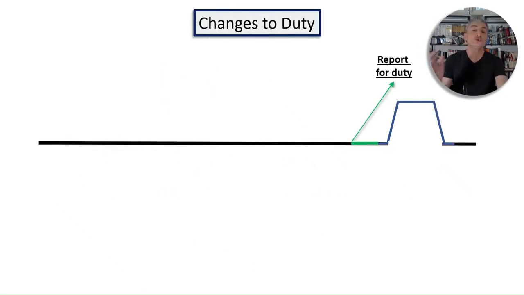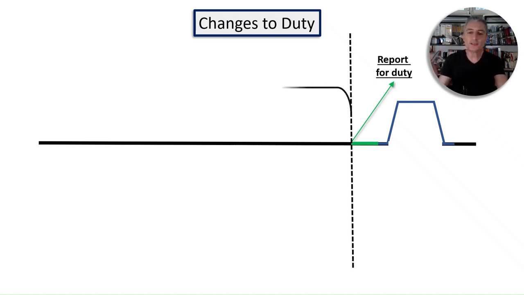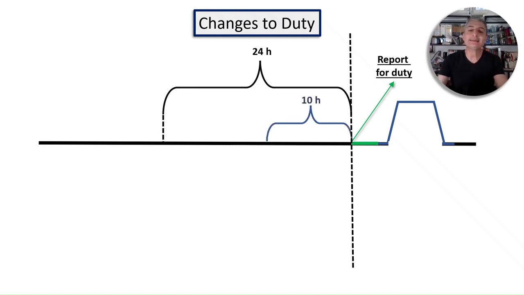So, change to duty. What can change on our future roster, on our flights in the future? Okay, destinations and number of sectors can always change, but the time of the report for duty follows specific rules. To understand that, we need to create 3 moments. That is, one is 24 hours before the report for duty that we have been notified before, and 10 hours.